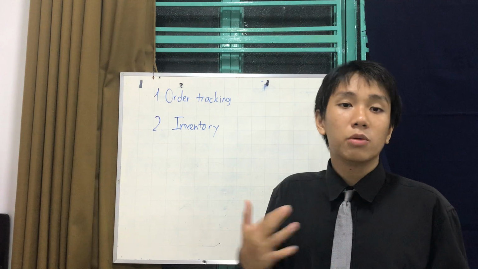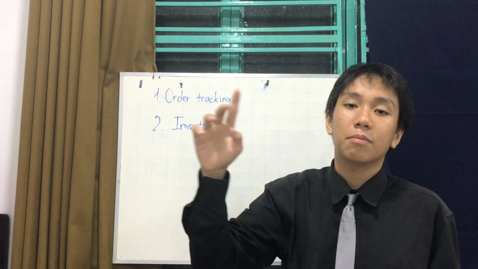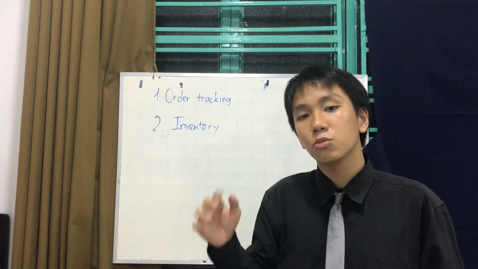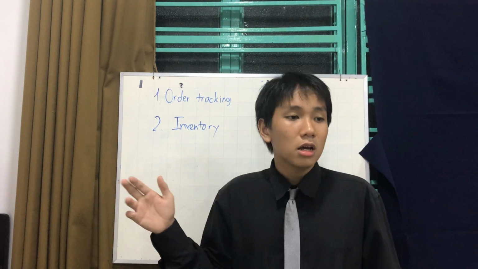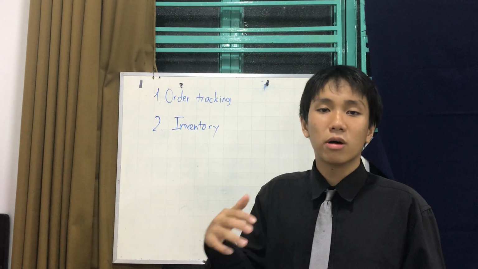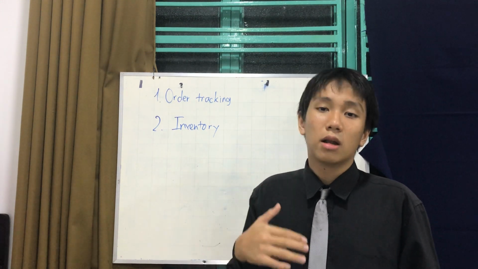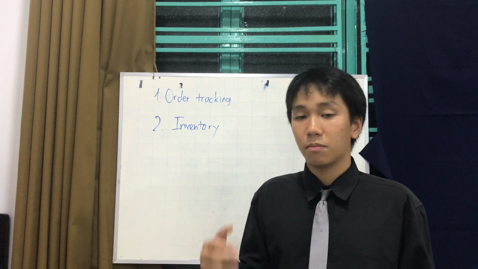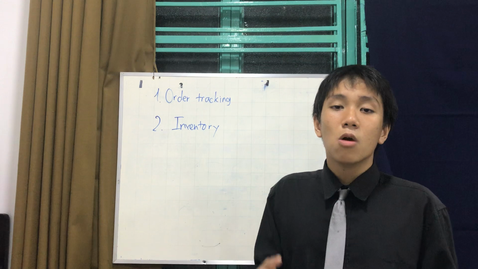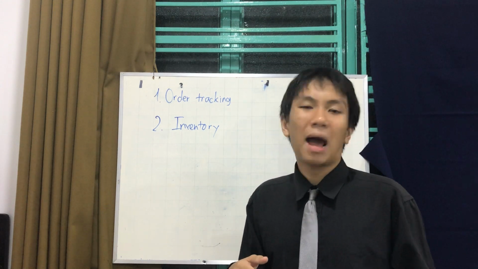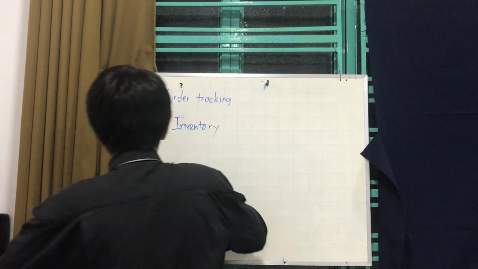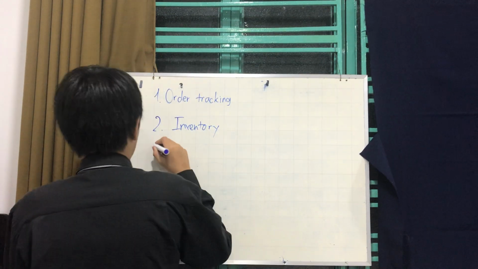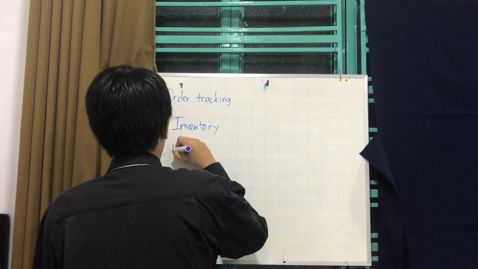So we have to call them and notify them that we are out of stock, while on the system it said that we still have stock, which will decrease the user experience while on the online marketing platform, which is a very bad thing. Third is route planning.